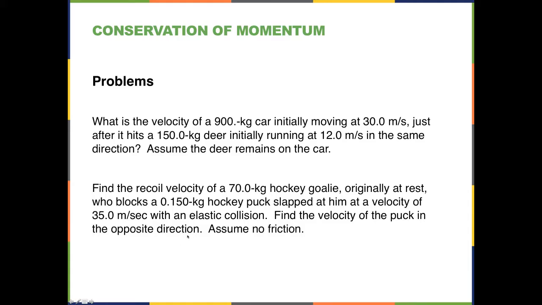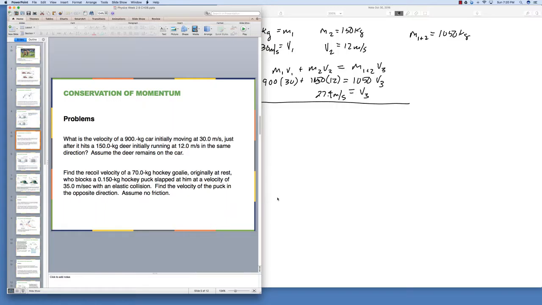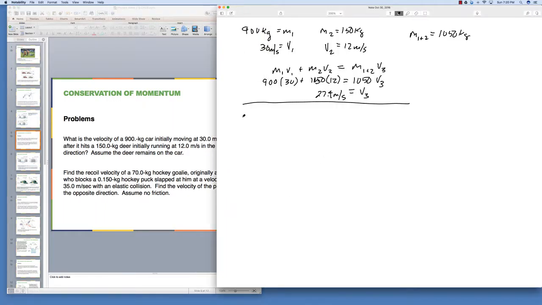Okay. Now this one is a lot more complicated in terms of the mathematics, because what you have is an elastic collision. So first of all, the momentum in the beginning before the collision has to equal the momentum after. We'll call this before and after.